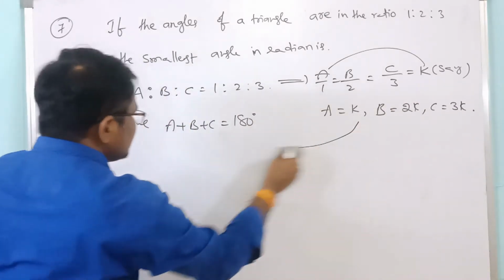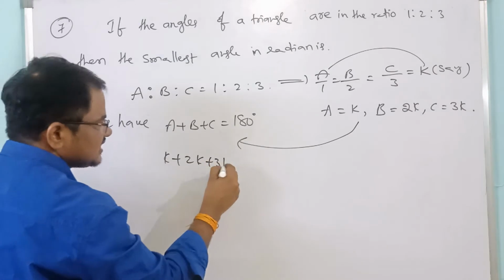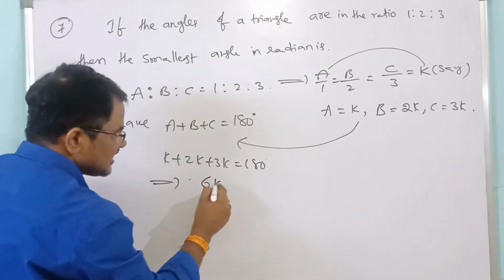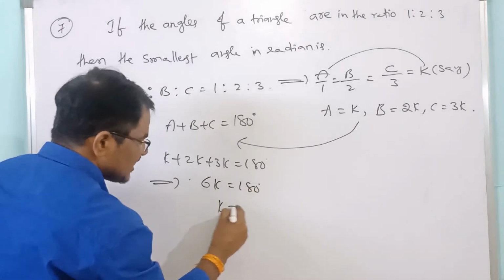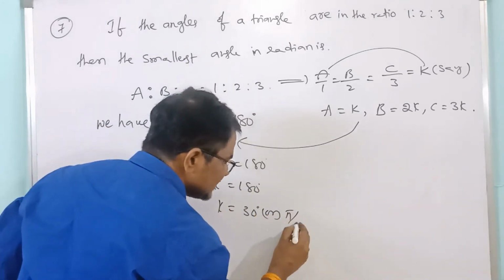Now substitute these values: K plus 2K plus 3K equals 180 degrees. So 6K equals 180 degrees. Now K equals 30 degrees, nothing but pi by 6 radians, right?